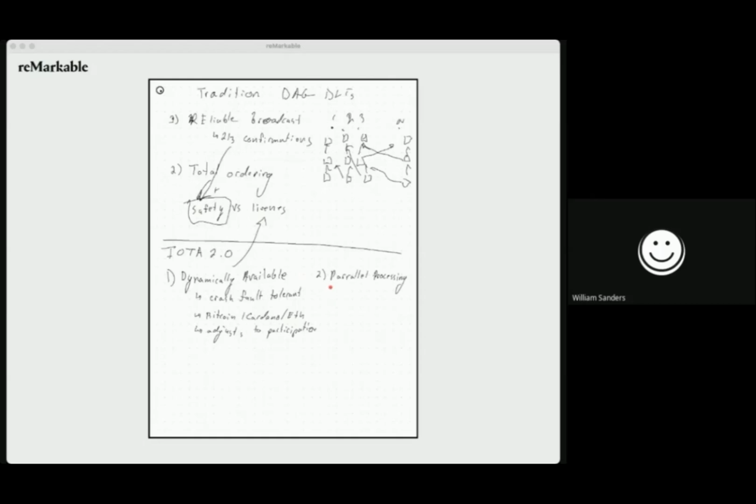Basically, we want to validate / execute everything on arrival, right? And we want no total ordering, right? So we want to just see things arrive, book them, and go on, right?